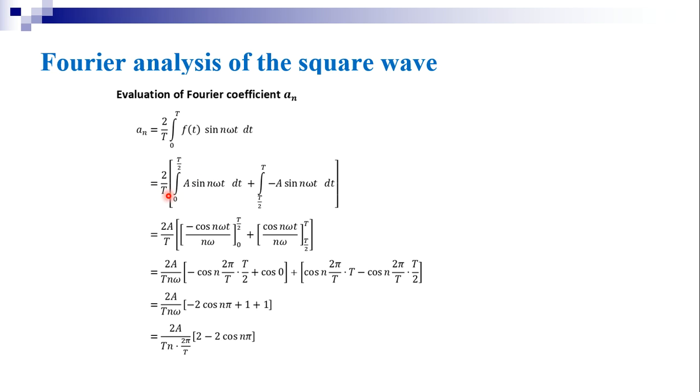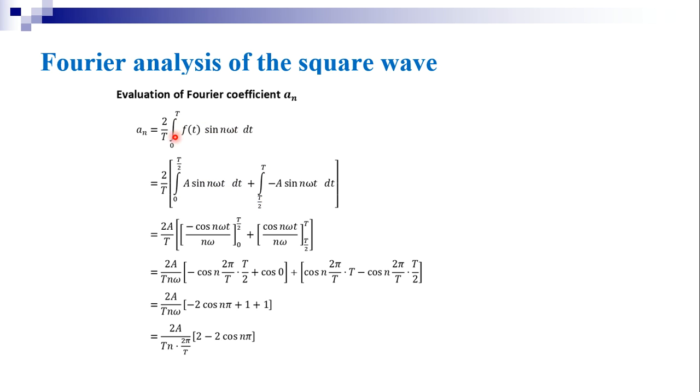For this, let us split the time limit 0 to T as 0 to T by 2 and T by 2 to T, and integrate the function.